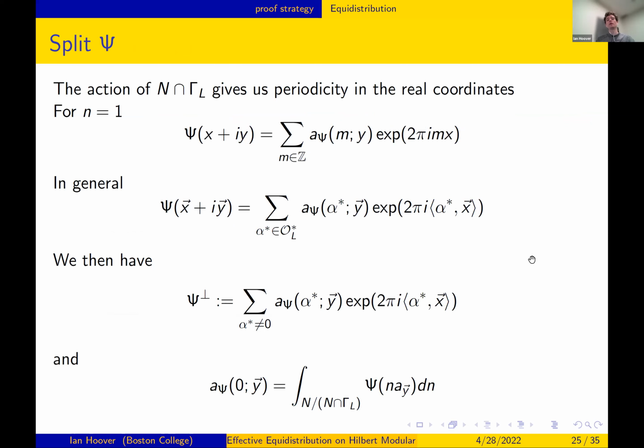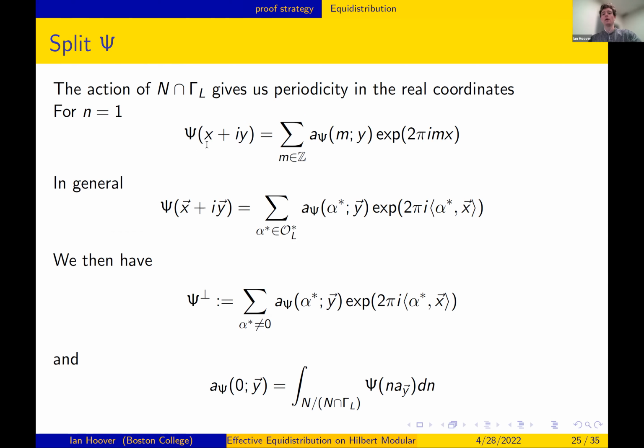And then when we split our function psi, it's essentially the action of n. It gives us periodicity in the real component. If we look at our function as a function on this upper half space, or product of upper half spaces, we have this real part and the imaginary part, and the unimodular group acts by translation on the real part.